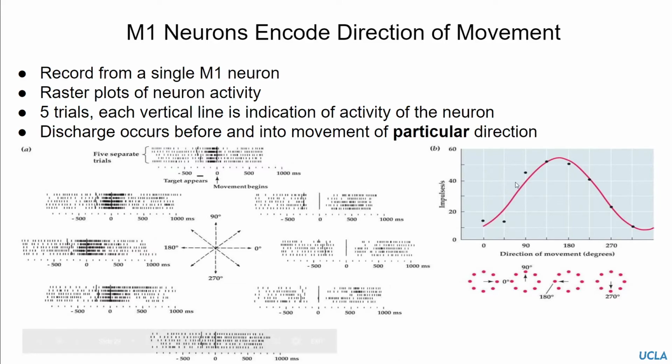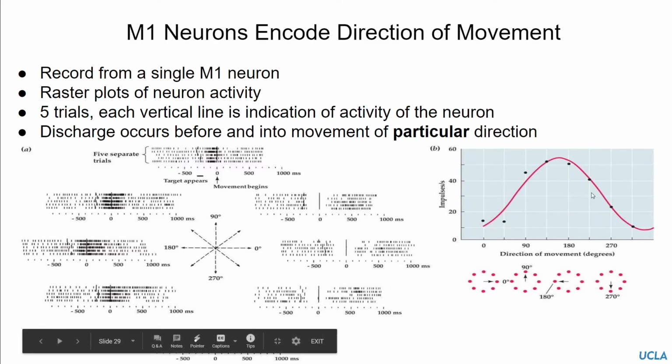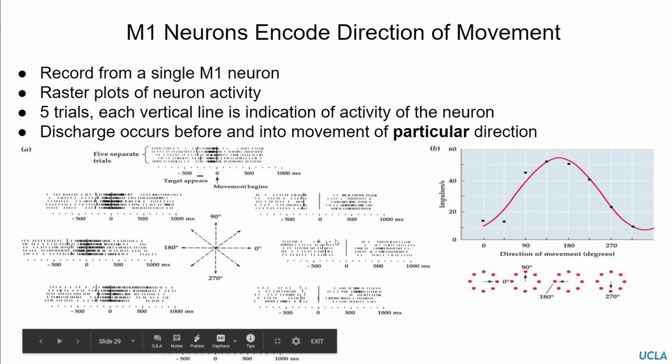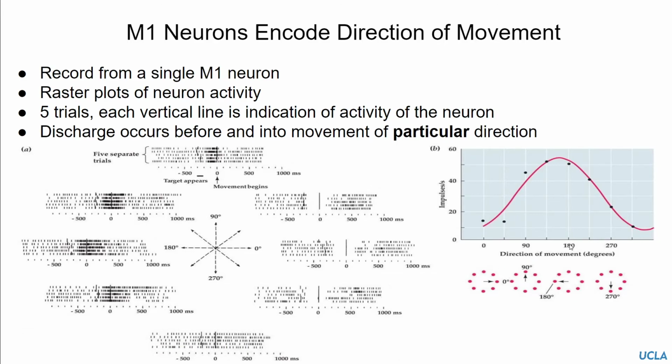Now, what is this graph about? This graph is just showing you this data. So if you look at the direction of movement, which is 0 here, that would be this data. Okay, you see that you have very few impulses per second. That would make sense because you have inhibition here. There isn't a lot. Now, if you go to 180, that's quite high. That's about 50 impulses per second.